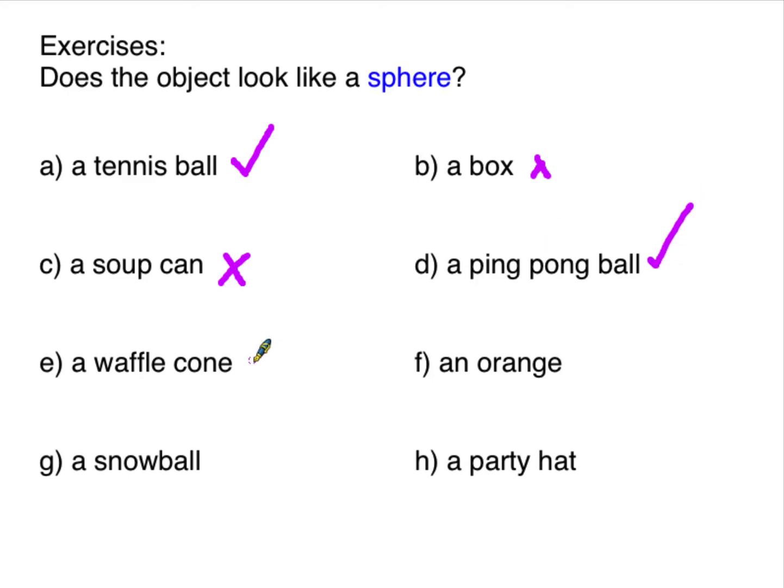Is a waffle cone perfectly round all over? No. How about an orange? Depends on the kind of orange. Some oranges are very sphere-like and some of them are squishy. But I'm going to say yes. Snowball, if you make a good one, yes. Party hat, perfectly round all over? No.